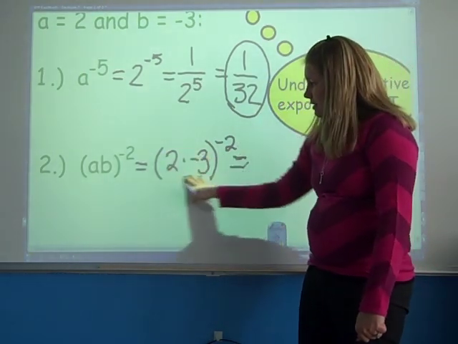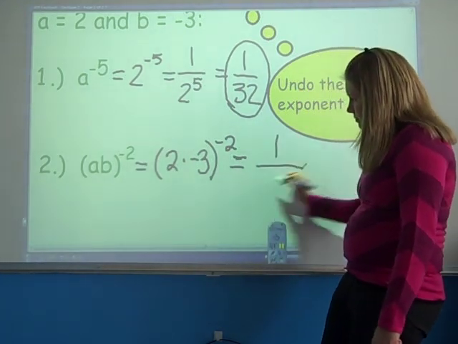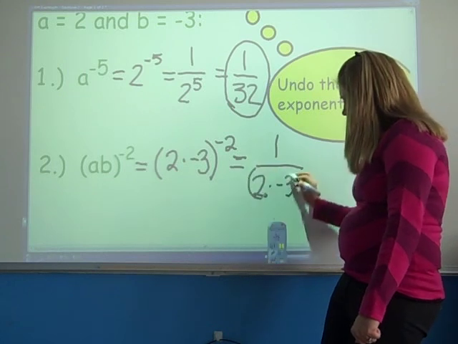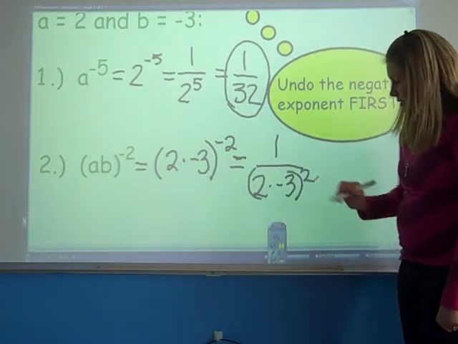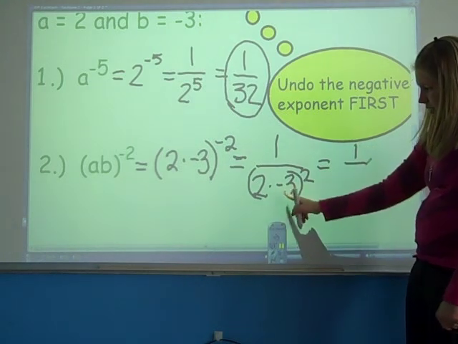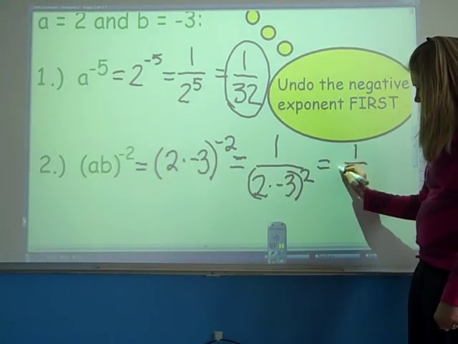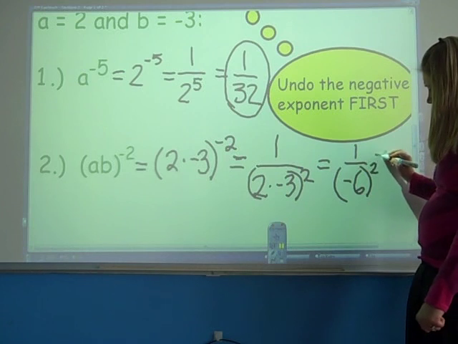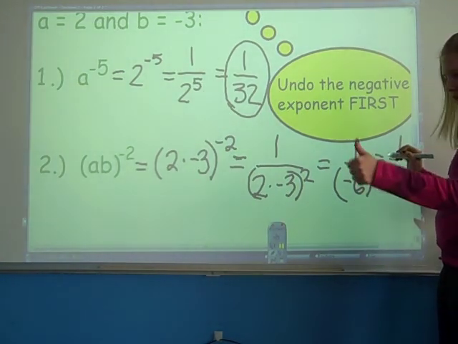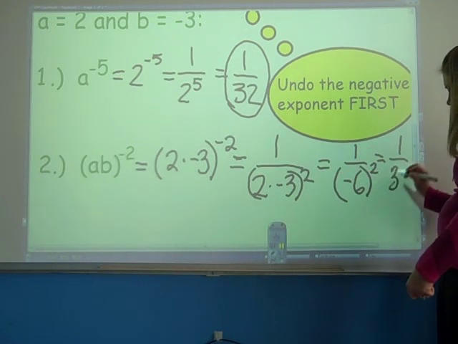So I take my base, I put it in the denominator. And I put a positive exponent. Now I do 2 times negative 3 is negative 6 raised to the 2nd power. Negative 6 to the 2nd power. 1 over negative 6 times negative 6 is positive 36.